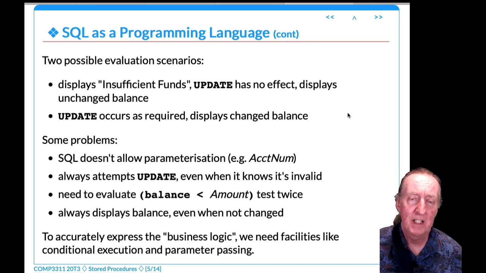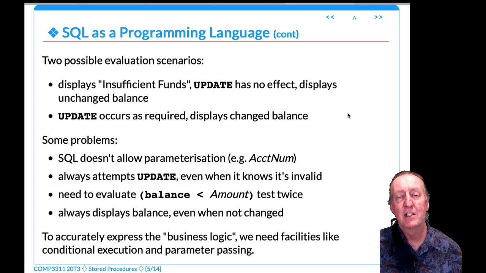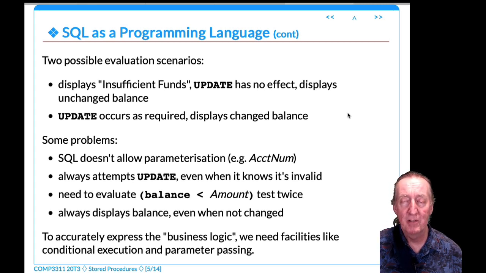All right, well, 2 things can happen here. We can display insufficient funds and the update won't have any effect, and we'll display an unchanged balance. The other thing that might happen is that we don't display insufficient funds. That first select doesn't return anything. We then update and we display the changed balance.